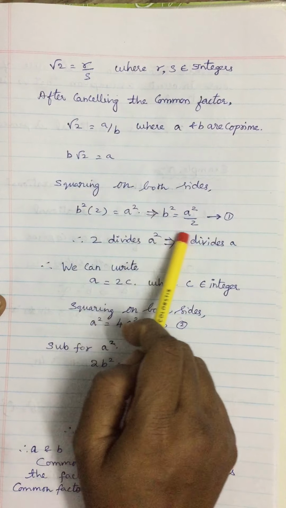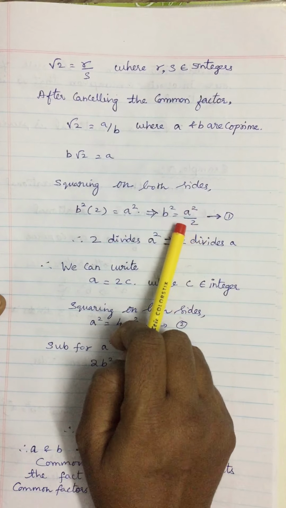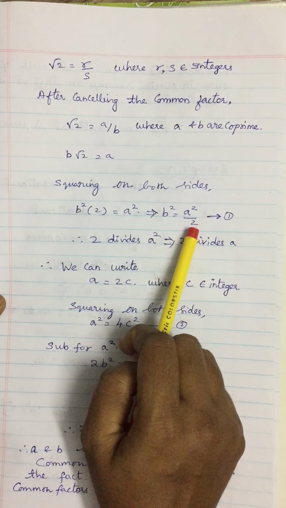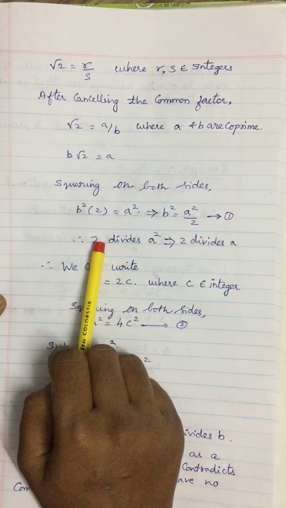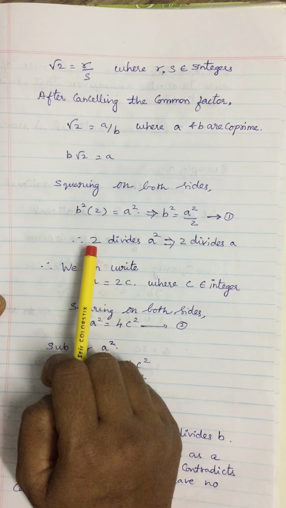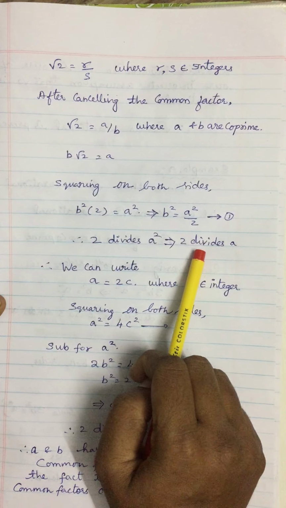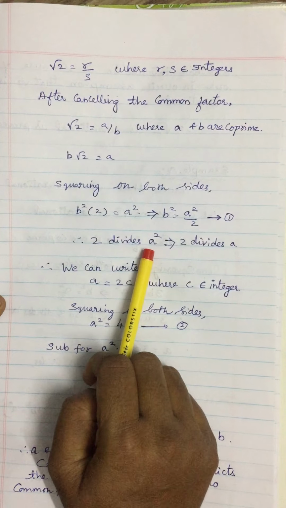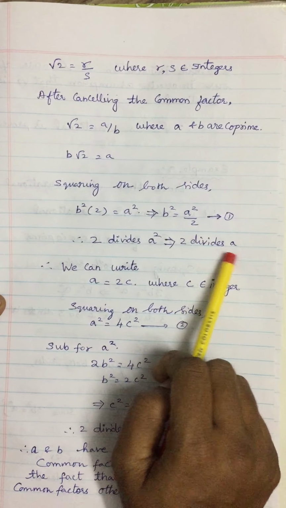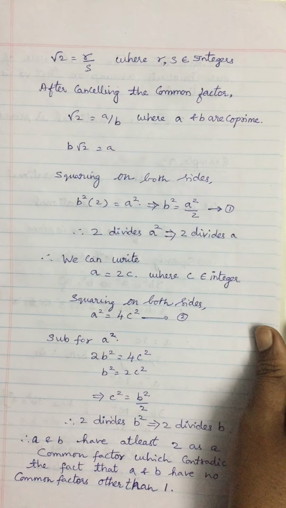What you can infer from this equation is that A square is divisible by 2, which says 2 divides A square, which implies, as per the previous theorem, if P divides A square, then P also divides A. That is what your theorem says. So here since 2 divides A square, 2 should also divide A, right. This is the first thing you have arrived at.